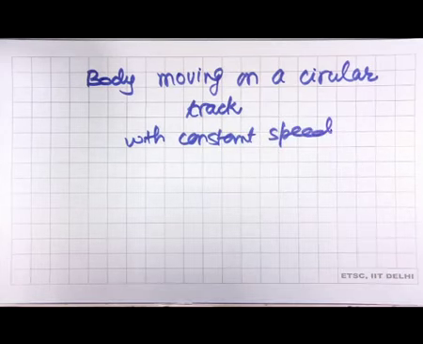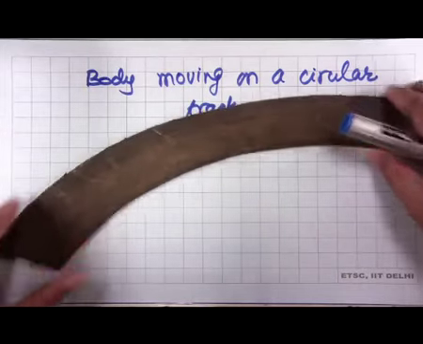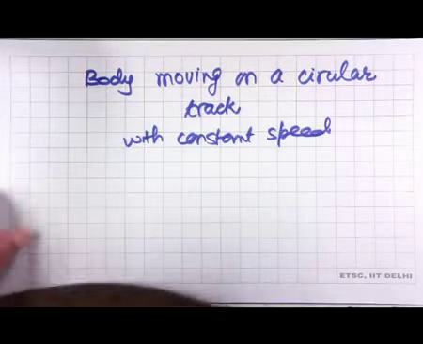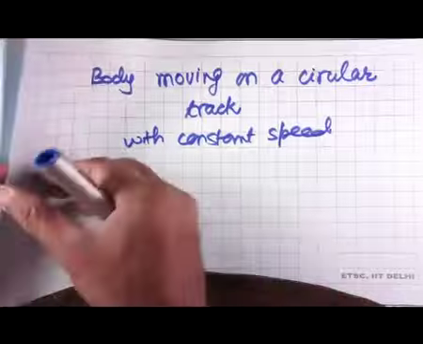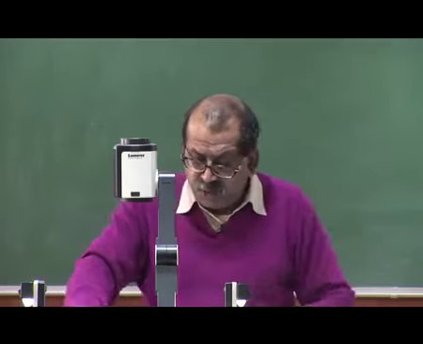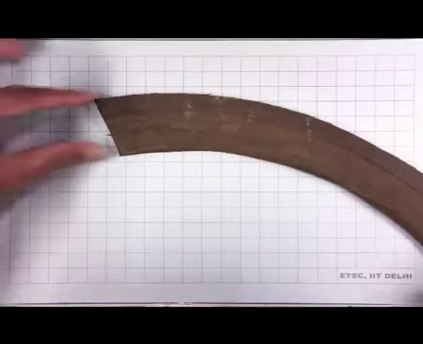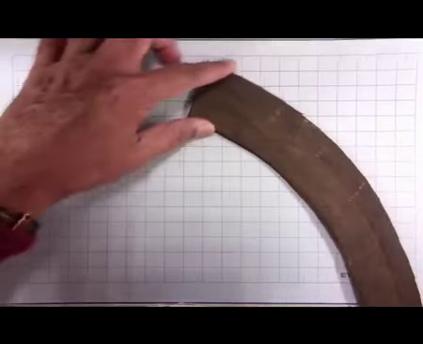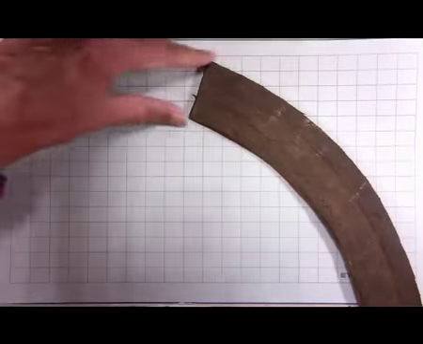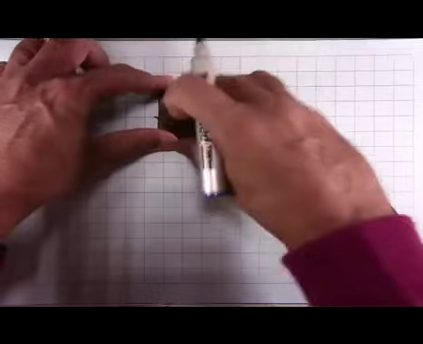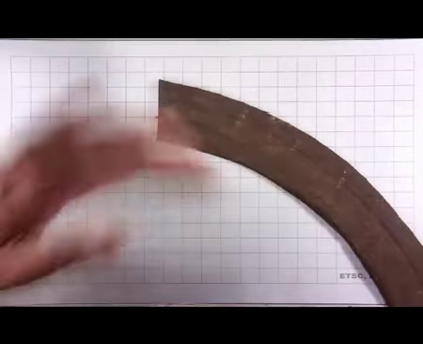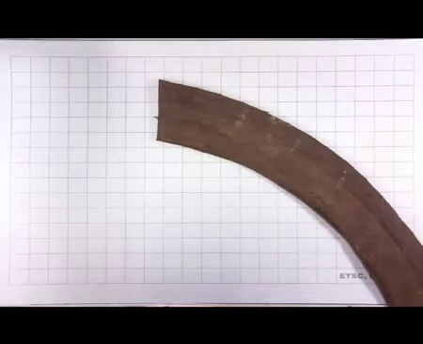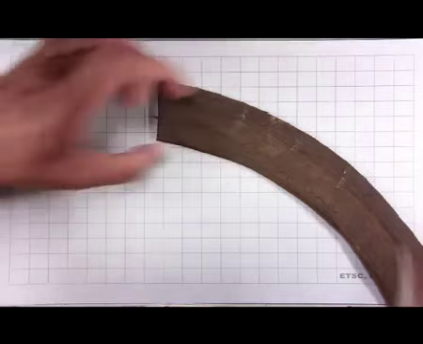So, let us say we have a car which is moving on a highway. It is first moving along a straight section, and then it comes across a turn. At a turn, it goes in a circular arc.